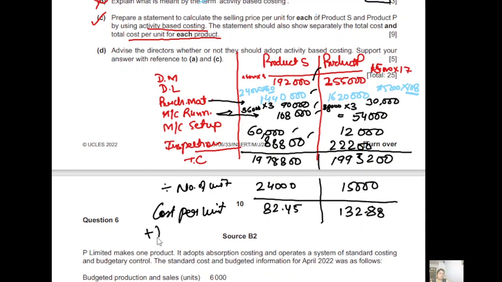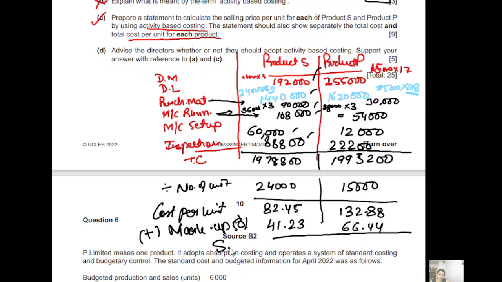Markup is 50%, so for 82.45, 50% is 41.23. And 50% for product P, cost 132.88 into 50%, that is 66.44. Then you came to know your selling price.